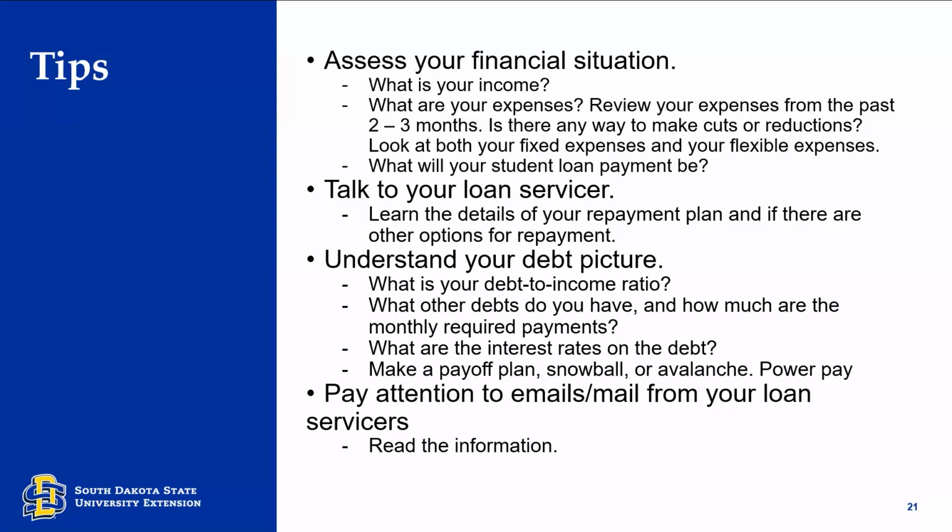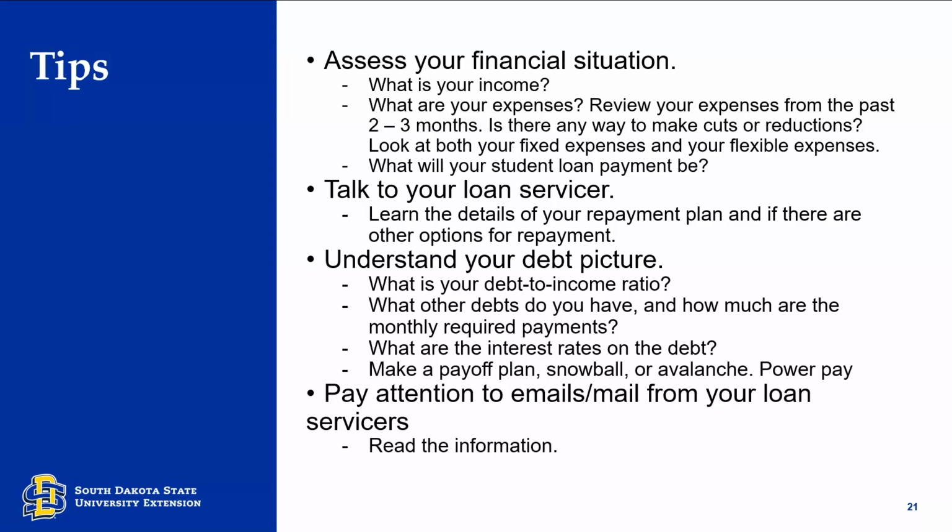You want to look at all of your expenses. What is your current financial situation? Is there a way to make some changes in your spending and your expenses so that you have a little bit more flexibility to be able to make your student loan payments? So, looking at your income, looking at your expenses, and then knowing what your payment is going to be.